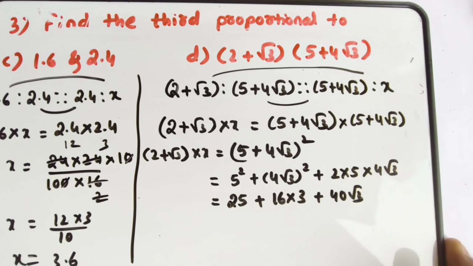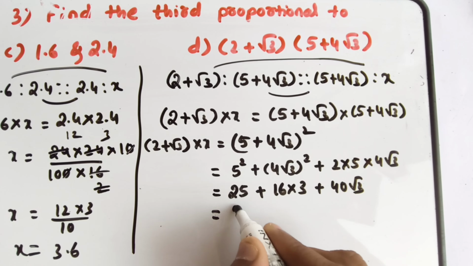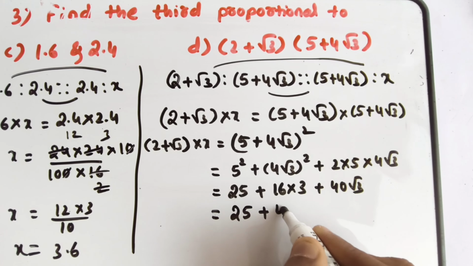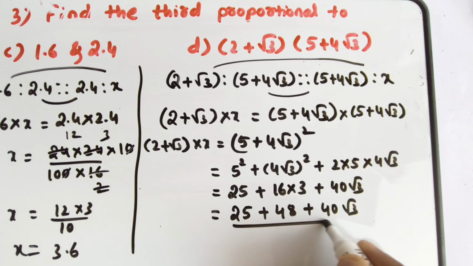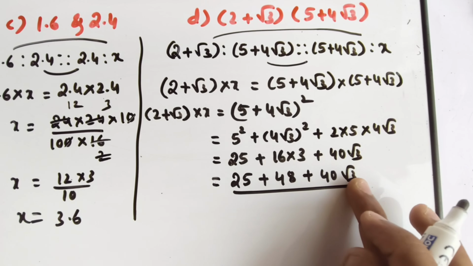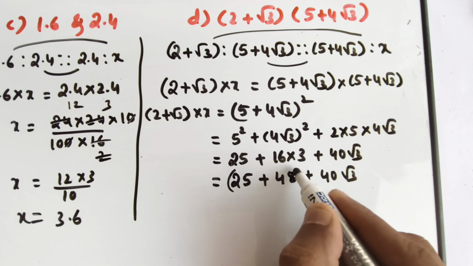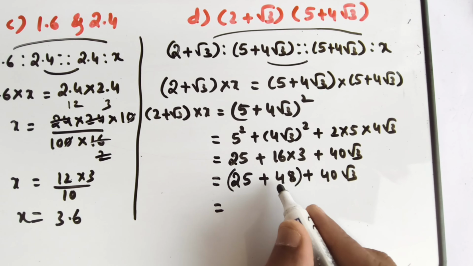Now 16 3s are 48. 25 plus 48, that is 73 plus 40 root 3.